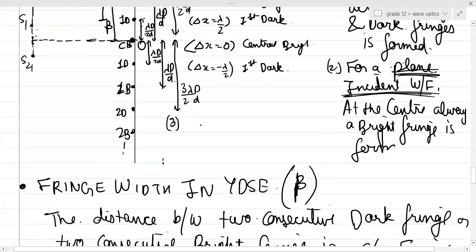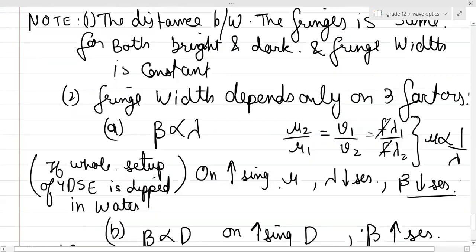on decreasing the separation between the two slits, this pattern, if I decrease this distance, then the separation between the fringes increases. Remember this, it is opposite here.